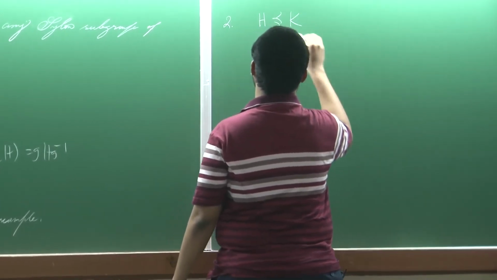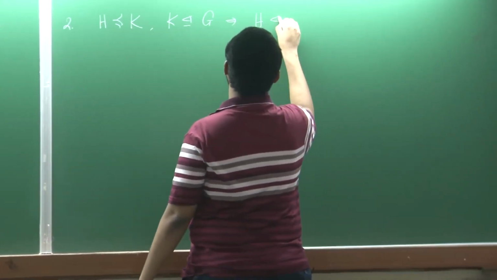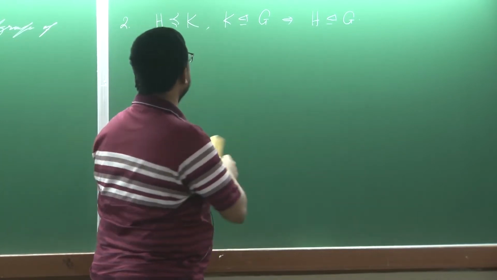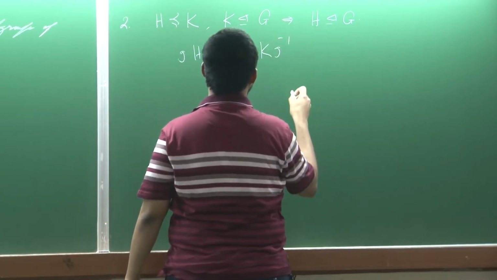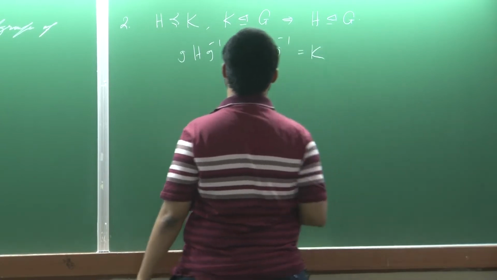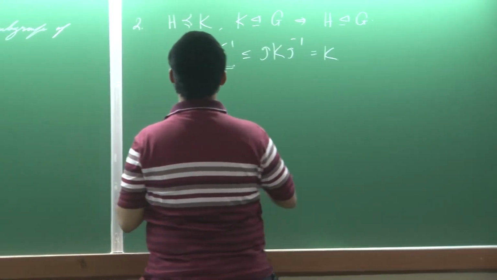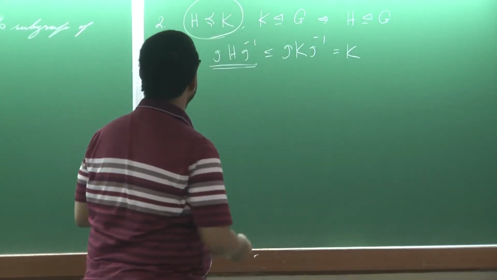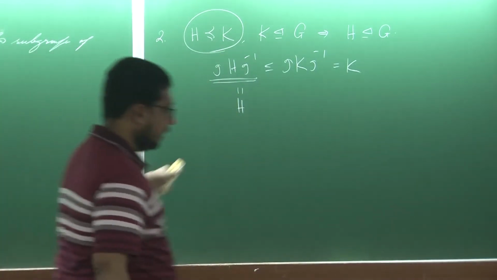Suppose H is a characteristic subgroup of K and K is normal in G, then that forces H to be normal in G. That's precisely because if you consider the conjugation by a group element g, then gHg inverse is gKg inverse, which equals K since K is normal, and since H is a characteristic subgroup of K, from that we can immediately conclude that this is H.